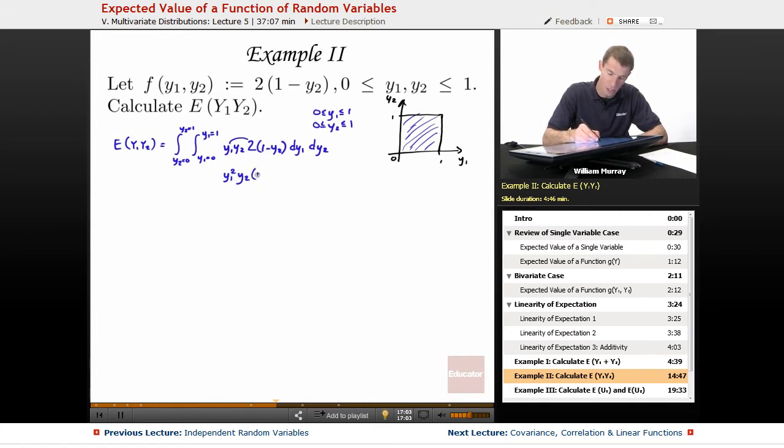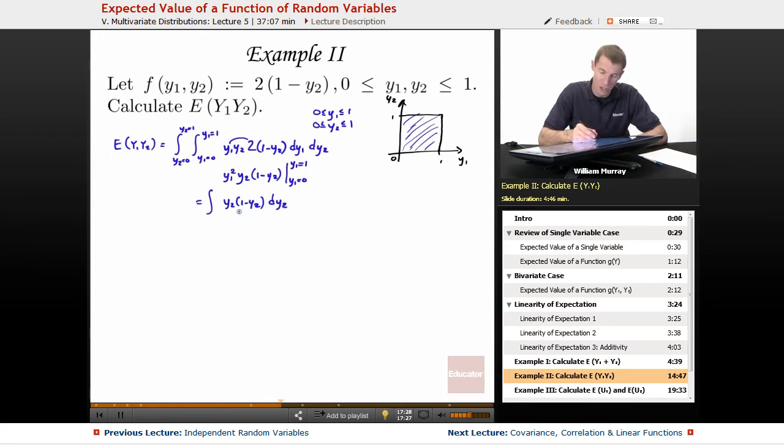So y2 times 1 minus y2. And I evaluate that from y1 equals 0 to y1 equals 1. If I plug in y1 equals 1, I just get y2 times 1 minus y2. And y1 equals 0 just drops out. So this is what I'm integrating. And I'm integrating this dy2.